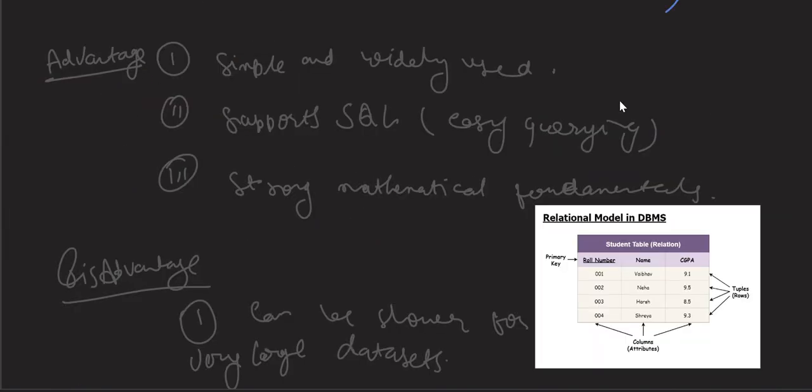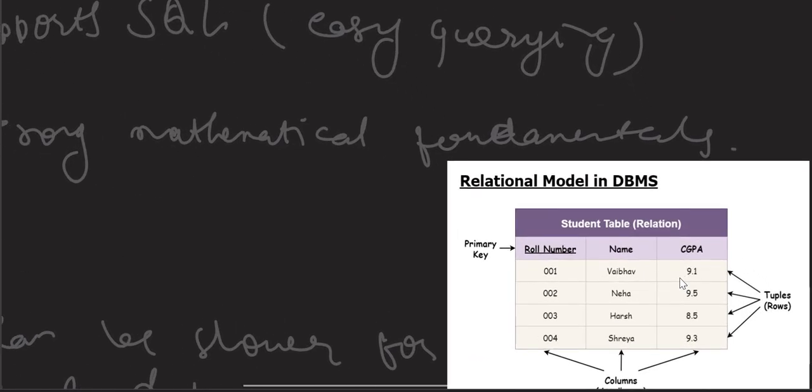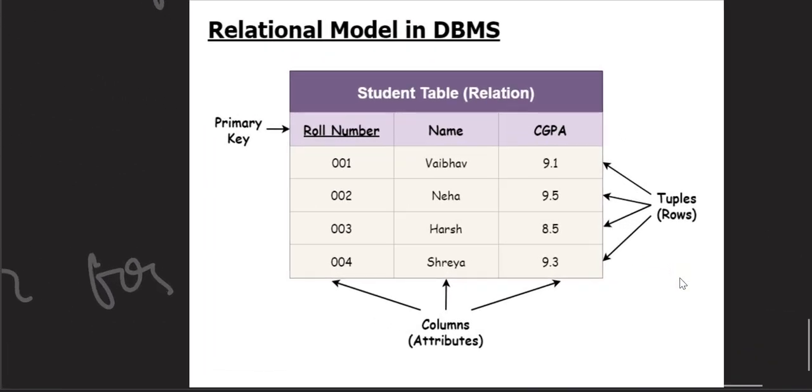So you can see here the relational model. For a student table, there is a roll number, student name, and CGPA. Okay. So the primary key can be the roll number, because always remember a primary key is always unique.